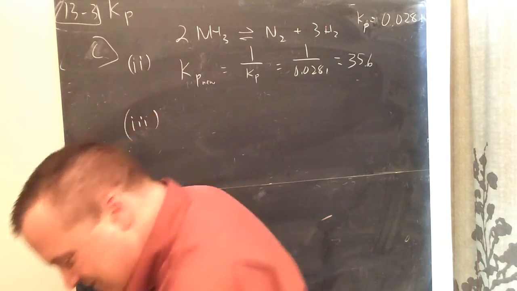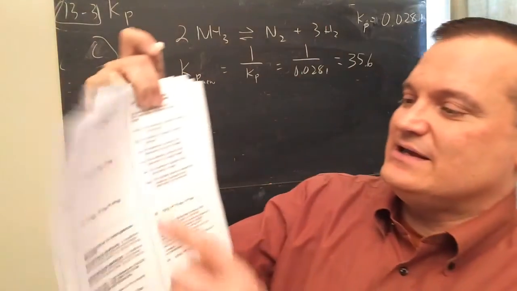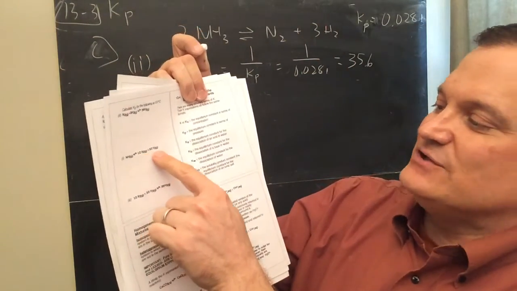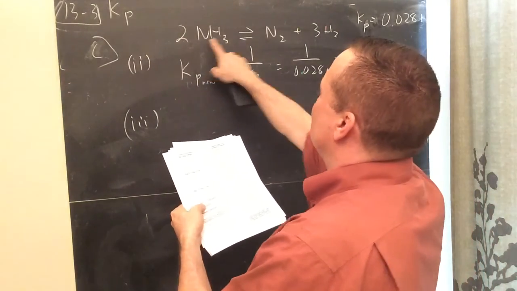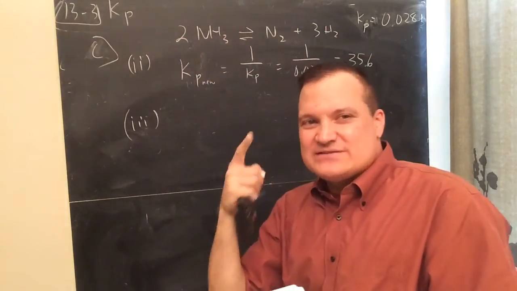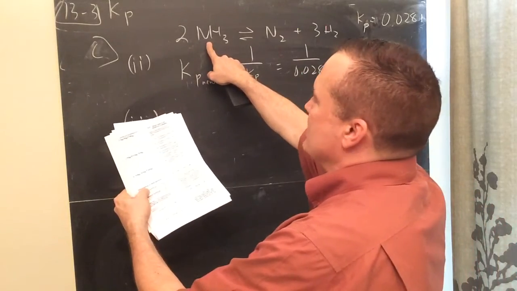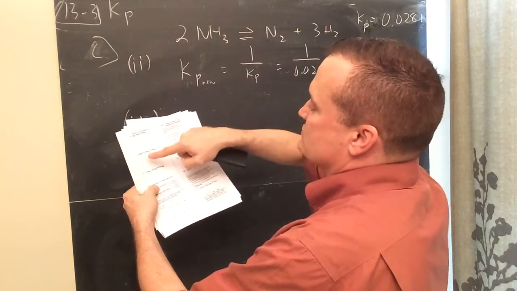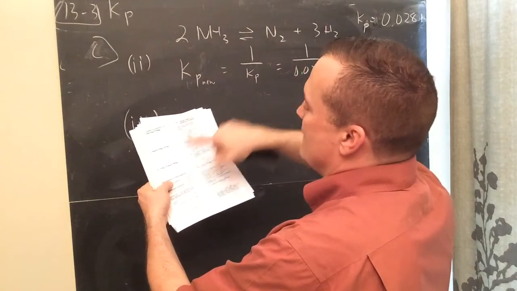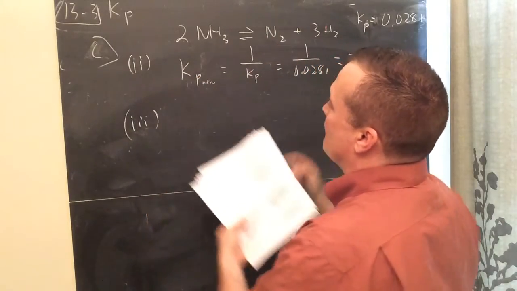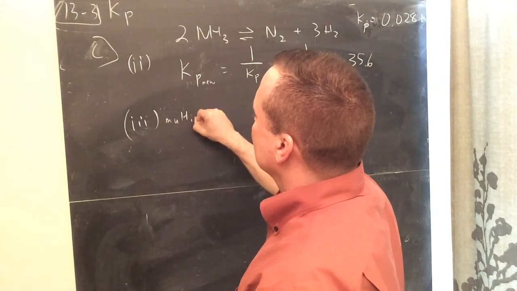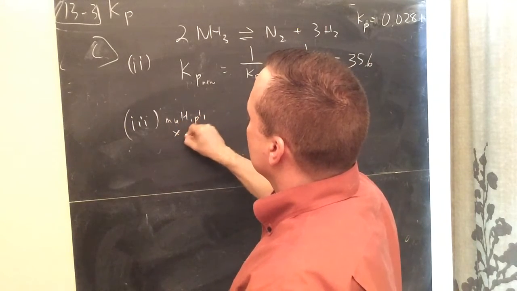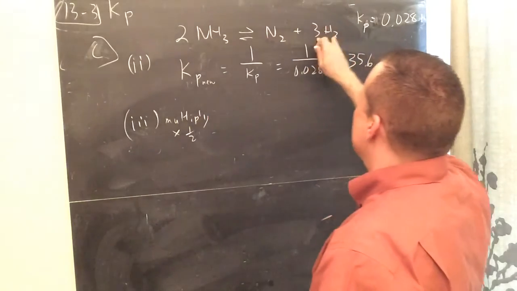All right, what about this one? We take NH3 and 1/2 N2 and 3/2 H2. Well, what you've done there is, remember, you've divided, but don't think divide. Always think multiply. If I go from N2 to 1/2 N2, I've multiplied them by 1/2. So if you multiply by 1/2, what do you do to the Kp?